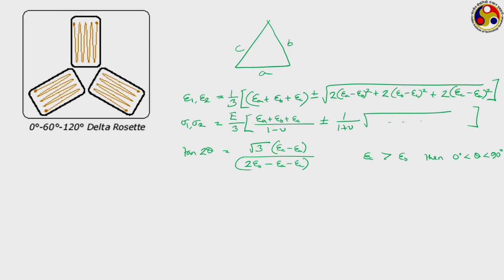So, we have talked about the rectangular and the equitriangular, or commonly called delta, rosettes, and some rough mathematical relations for them. Once we know the values of all these 3 resistances, that is epsilon A, epsilon B and epsilon C, we can easily calculate the maximum and minimum stresses and also the direction of principal stress.